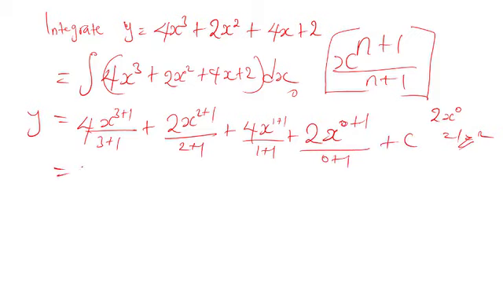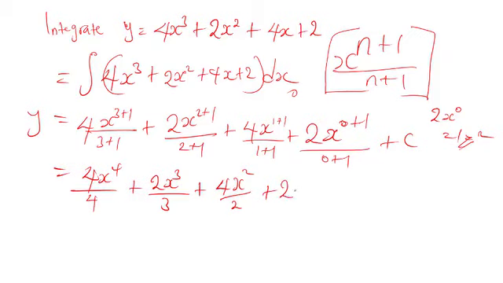So we now have 4x^4 over 4 plus 2x^3 over 3 plus 4x^2 over 2 plus 2x, because 0 plus 1 is 1, over 1, which is the same thing as 2x, plus c.